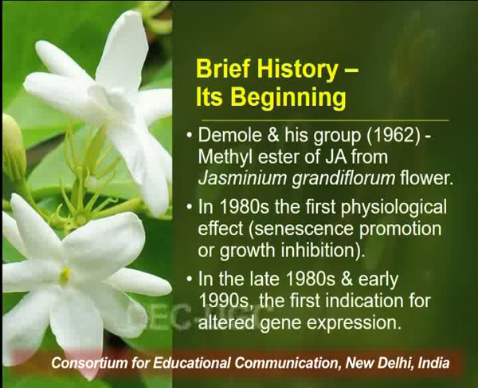And subsequently in the late 1980s or 1990s, the first indication of altered gene expression was reported, wherein it was mentioned that jasmonic acid or its derivatives not only have a physiological effect, but they also alter the expression of the genes that lead to those effects.